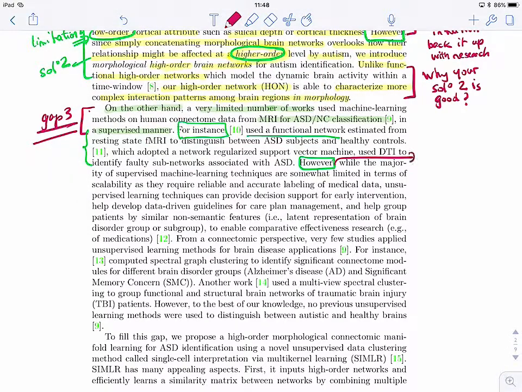So in line with gap 3, okay? While the majority of supervised machine learning techniques are somewhat limited in terms of scalability, as they require reliable and accurate labeling of medical data, unsupervised learning techniques can provide decision support for early intervention, help develop data-driven guidelines for care plan management, and help group patients by similar non-semantic features.